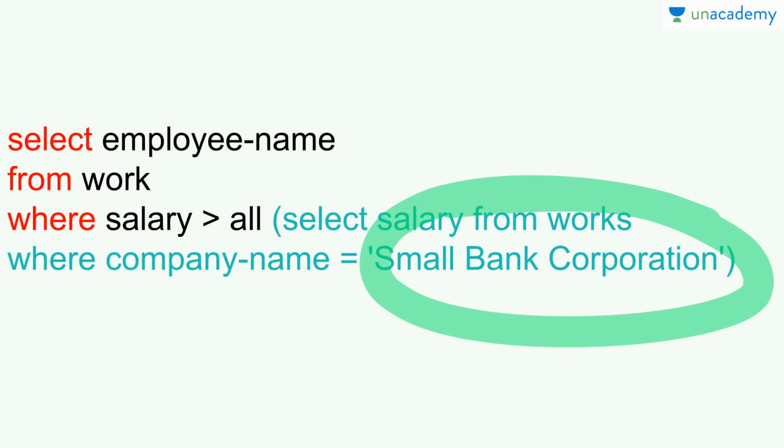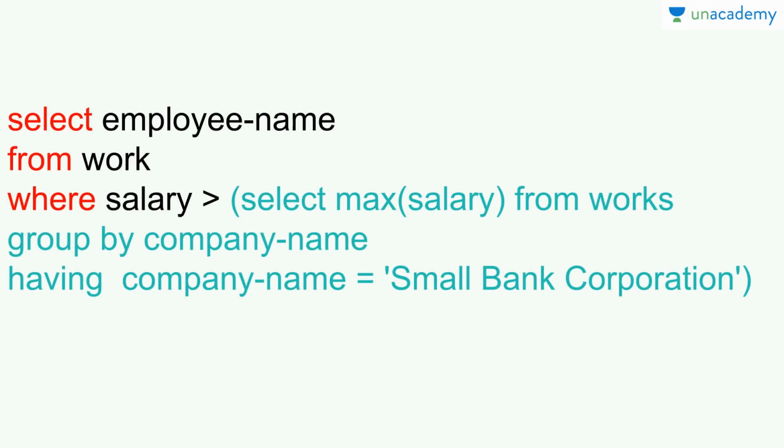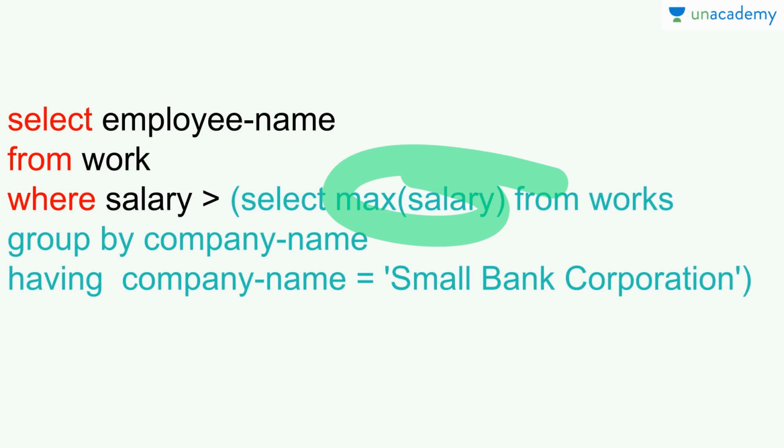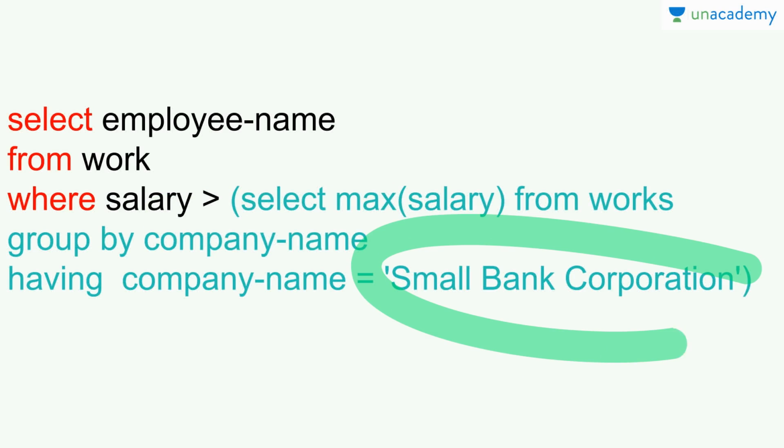Okay, and that's what we want, those employees whose salary is greater than every employee's salary working in this bank. Okay, there is another way to do this query. Instead of checking every salary of this bank's employees, we check the salary of the maximum earning employee. So select maximum salary from works, grouping by company name, where company name is this.